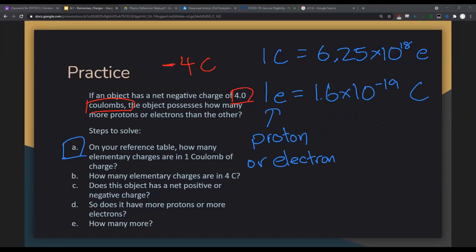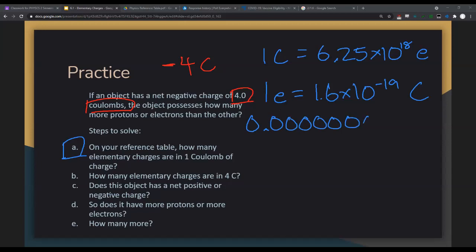But that's an extremely small number. A proton or electron has a charge that is in the negative 19 power, which means that it has 19 zeros. Or in this case, 18, because there's a 1.6. I'll make these zeros smaller because I don't have room.